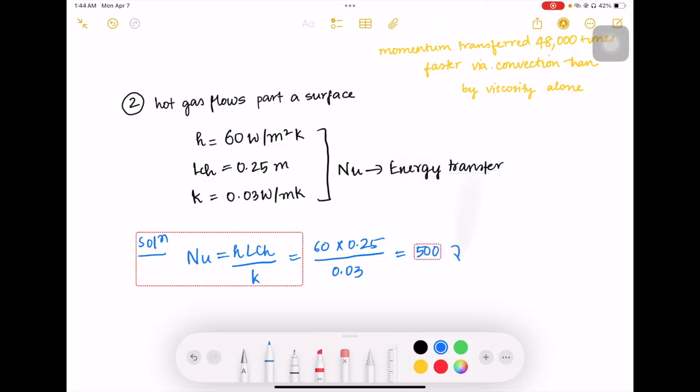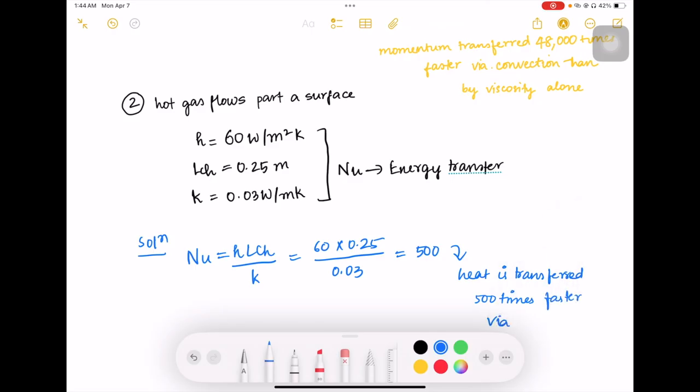What does that mean? The interpretation of this Nusselt number 500 is that heat is transferred 500 times faster via convection than conduction, right?